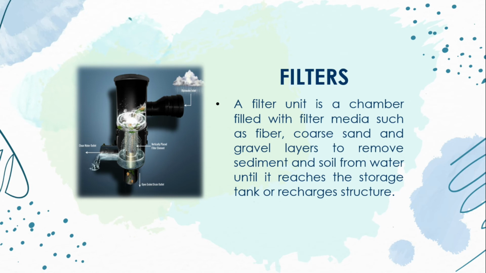So ideally, the filter should remove anything larger than 1 millimeter and smaller if possible. In some cases, nag-a-add ng charcoal carbon filtration sa mga filters to improve the taste of the water depending on the vessel the water has been stored in, but this is optional and a matter of personal preference.